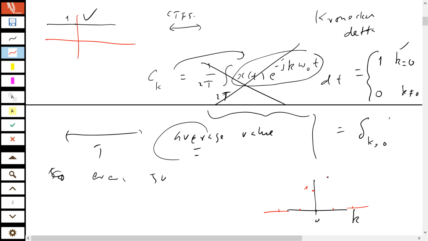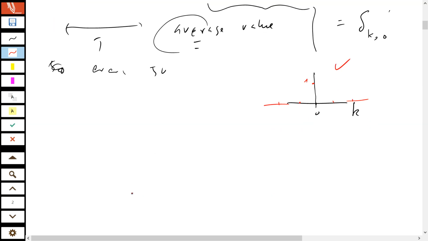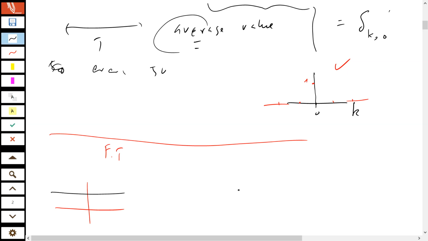Now let's look at this plot in Fourier series and at this plot. And what did we get in Fourier transform? Let's switch back to Fourier transform. In Fourier transform, this signal, again, this constant signal in the frequency domain. What did we get there?